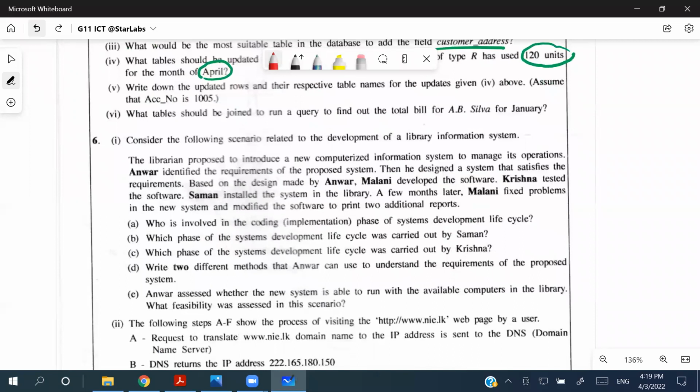The first question is, who is involved in the coding phase of the system development life cycle? So in the explanation, it says, based on the design made by Anwar, Malini developed the software. So he is the one who is coding this system. So this is Malini.